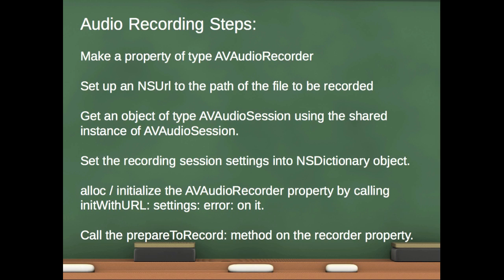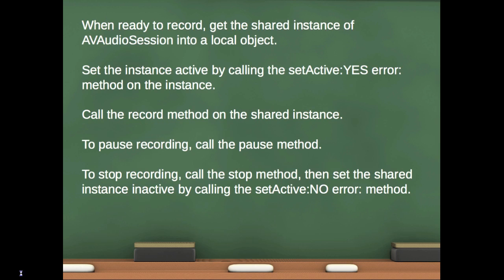It's an NS error object, and then you can log out whatever the description of the error is and so forth, in case you encounter an error in your code. Finally, you need to call prepare to record on the recorder property that you set up. And now you have an AV Audio Recorder ready to go.